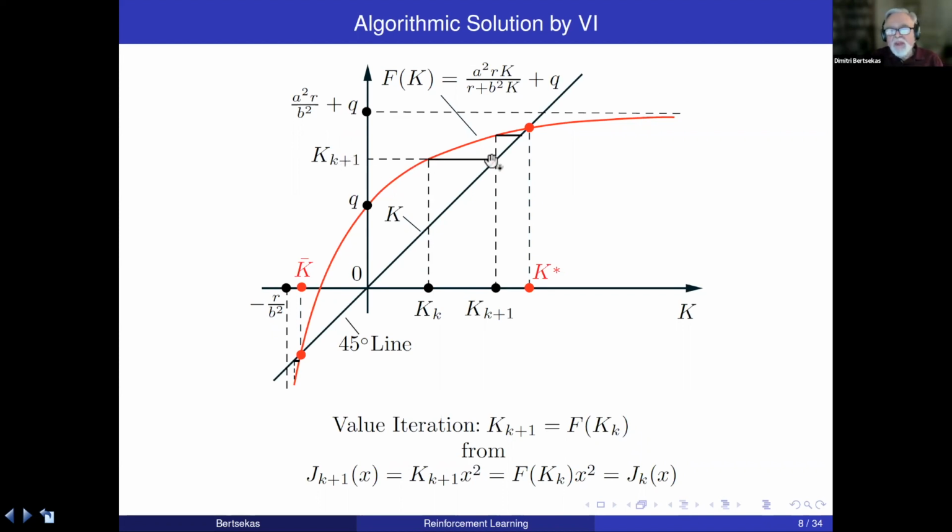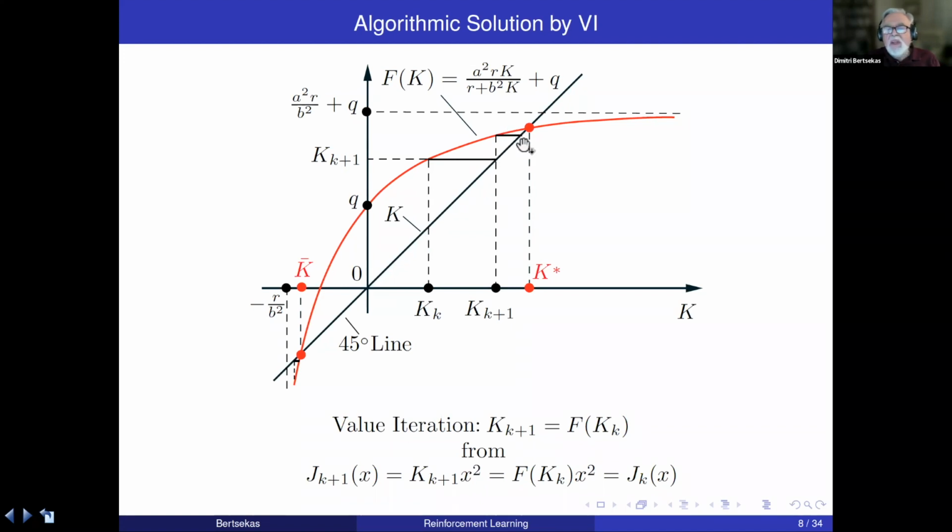We project this on the 45-degree line and then reflect it down to the horizontal line to get K_{k+1} over here. So this is the value iteration. From this point, it goes up and down to take K_{k+1}. At the next iteration, K_{k+2}, which is this, and so on. So it generates a staircase sequence in this graph.